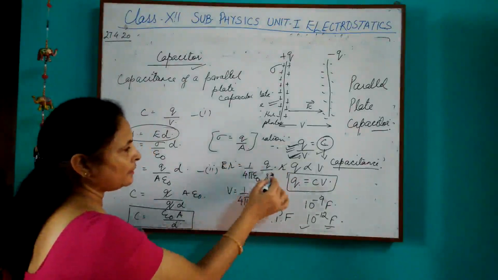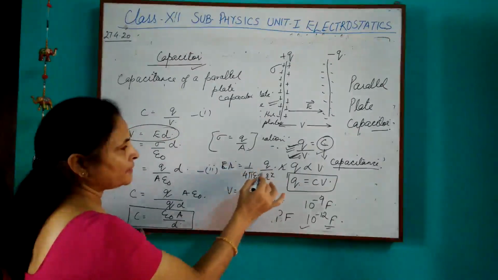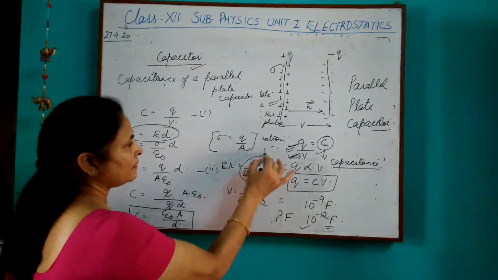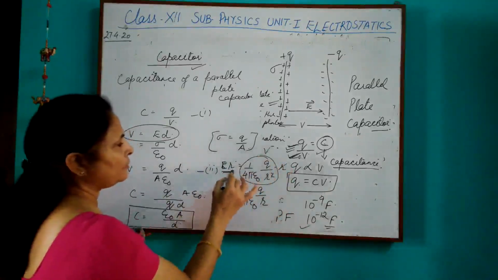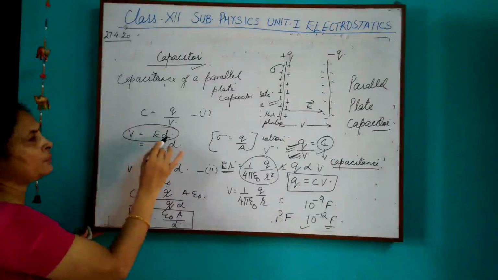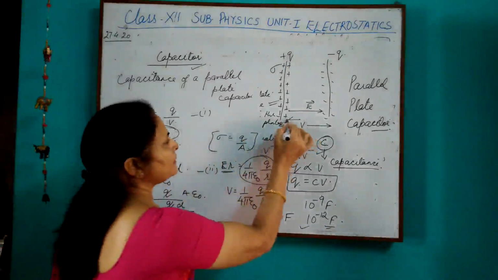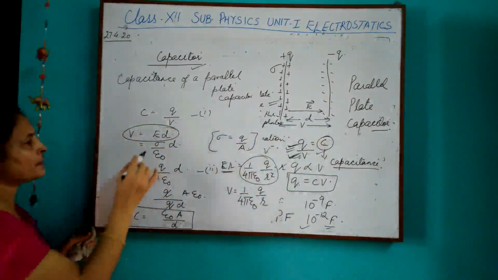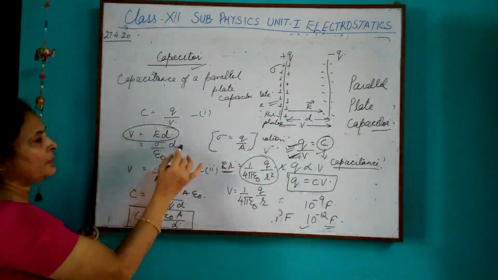This is going to give me 1 by 4 pi epsilon naught Q upon R. So what is it? It is V. So V is equal to E into distance. This distance is between the plates of the capacitor. So D will remain as it is.